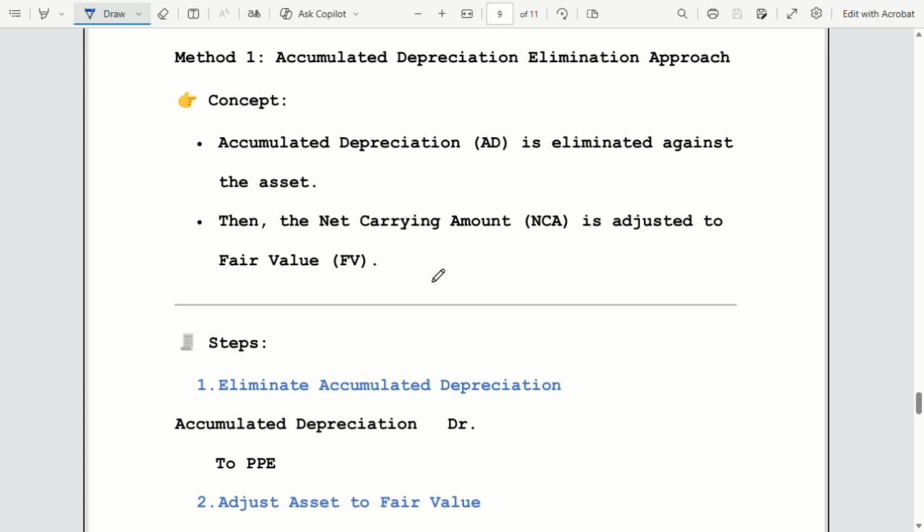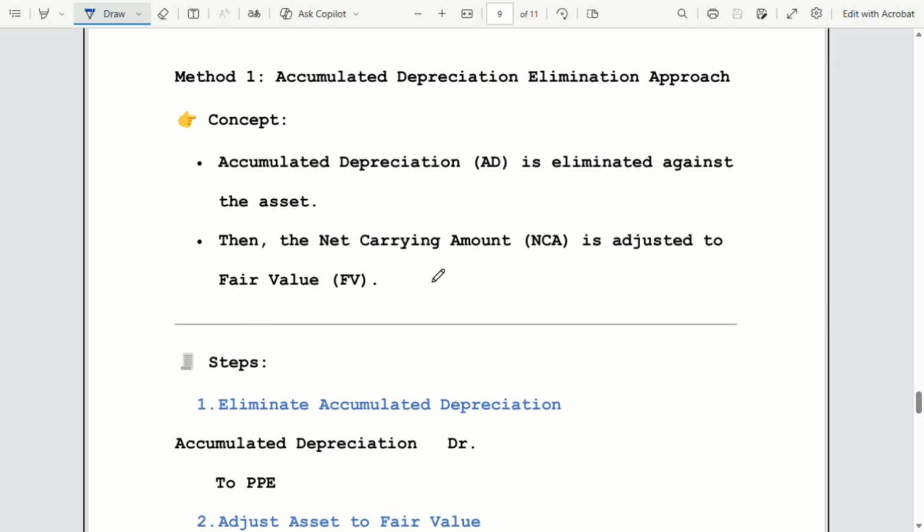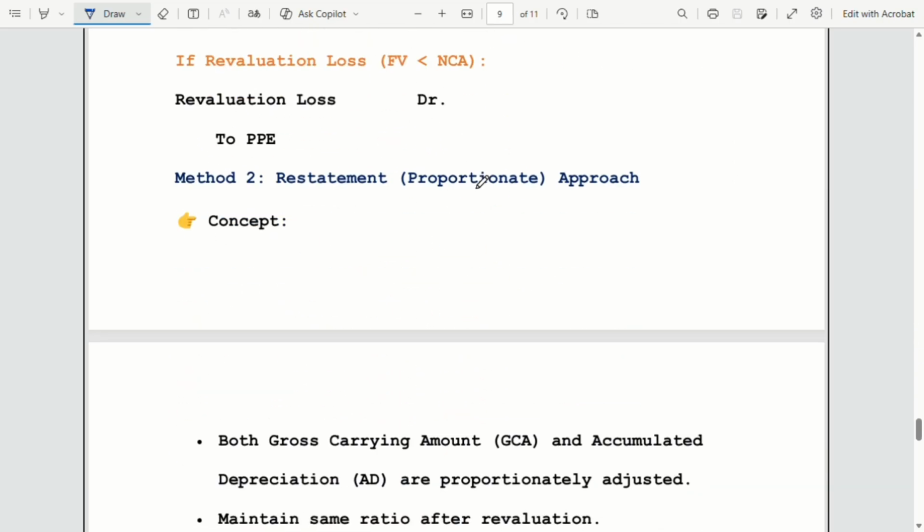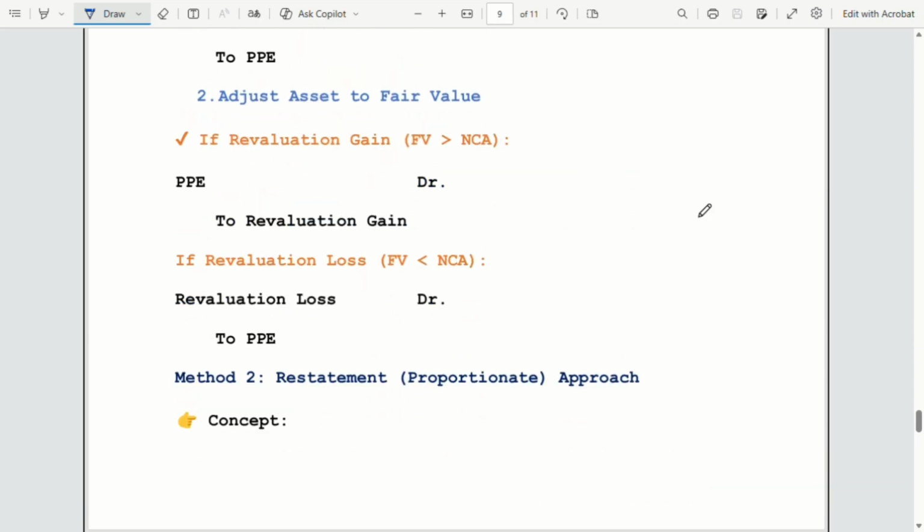That net carrying value will directly be recognized in subsequent recognition. But if we are using the revaluation model, then there are two methods given in Ind AS. First is the accumulated depreciation approach, and second is the restatement approach.